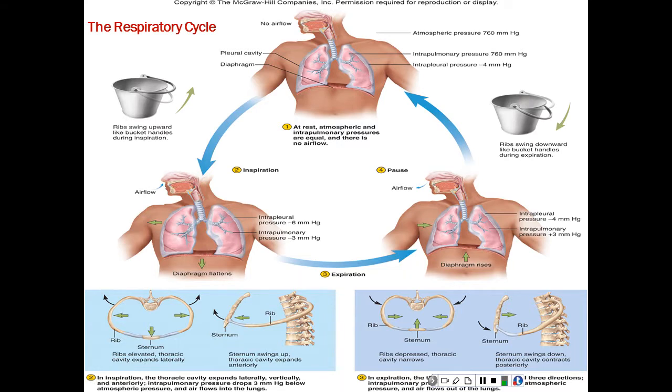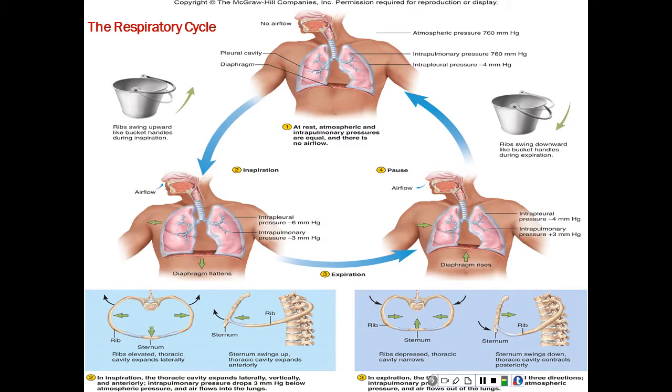Now, as the thoracic cavity expands, in step 2, the 2 layers of pleura stick together like wet paper, and this stretches the alveoli within the lung. The entire lung expands. As the lung expands, its internal pressure drops and air flows in.